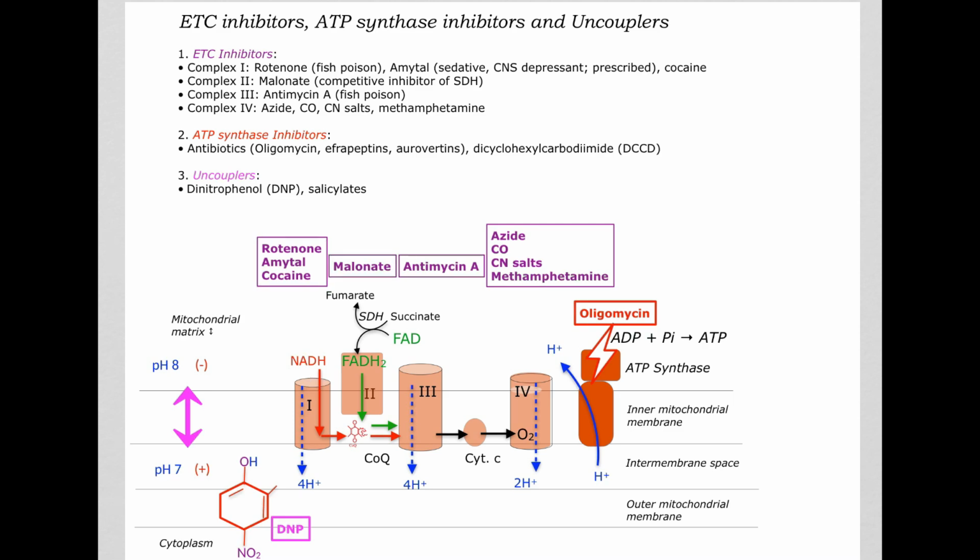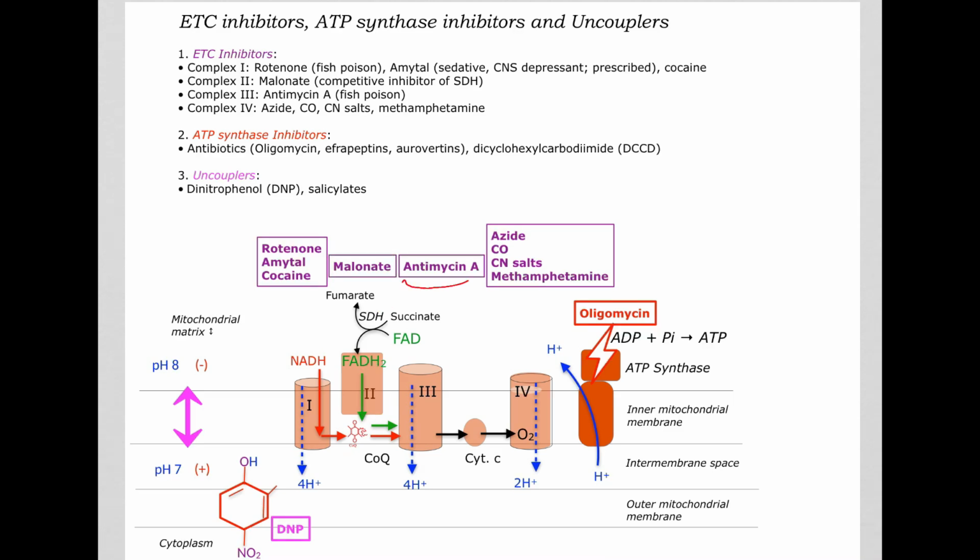Recall that the enzyme succinate dehydrogenase of the Krebs cycle is closely associated with complex 2. Malonate is a competitive inhibitor of succinate dehydrogenase and therefore an inhibitor of complex 2.